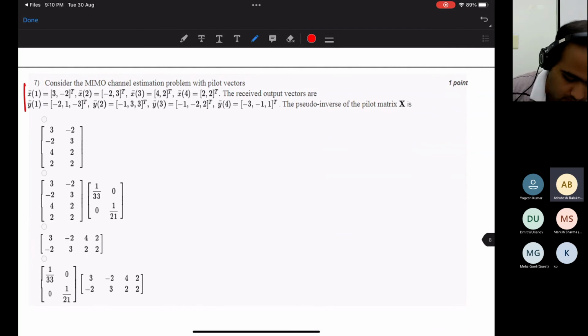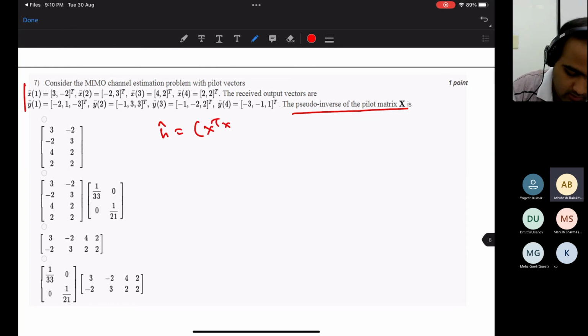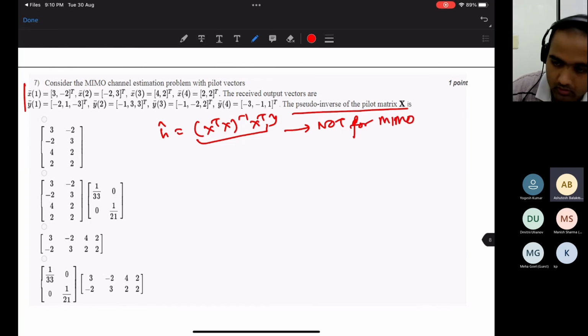Question 7, and the system model remains the same. What they have asked is what is the pseudo inverse of the pilot matrix X. So how will you compute the pseudo inverse? Remember, in the previous week we had discussed that h hat is X transpose X inverse X transpose y, and this was our pseudo inverse. But this was not for a MIMO setting.